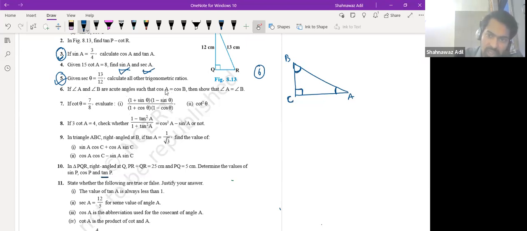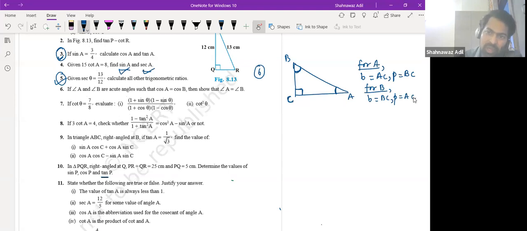For angle A, what is the base? The base is AC, and the perpendicular is BC. Similarly, for B, the base is BC and the perpendicular is AC.